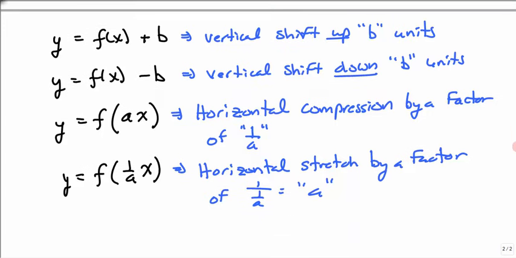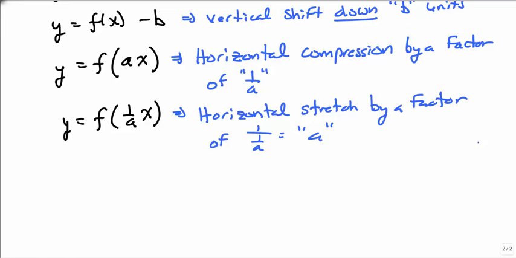So those are some of the movements that we can make when we're talking about flipping with the negative on the outside, messing with the argument of a function. It's always opposite of what you think when it's within the argument. And let's look at one more. What if there was a negative inside the argument? Well, when the negative was on the outside, it was a flip across the x-axis.